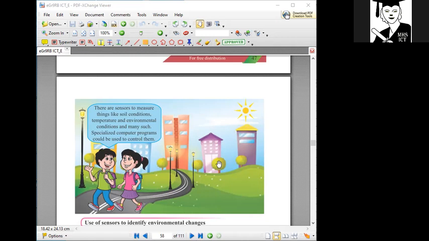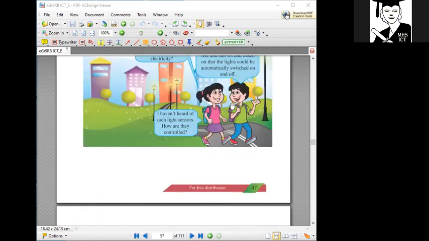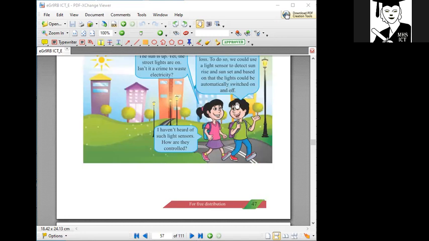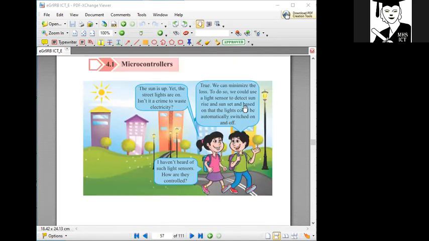So that means this boy is saying what a microcontroller is. The microcontroller is the thing that we use to identify some inputs, and according to the inputs, it controls everything and gets the output. That is what is called a microcontroller.